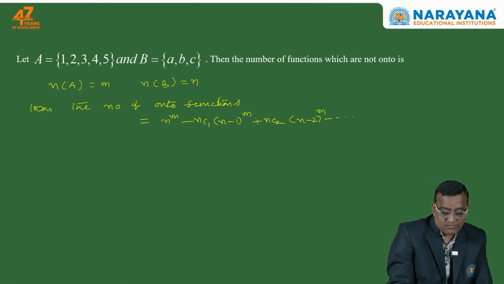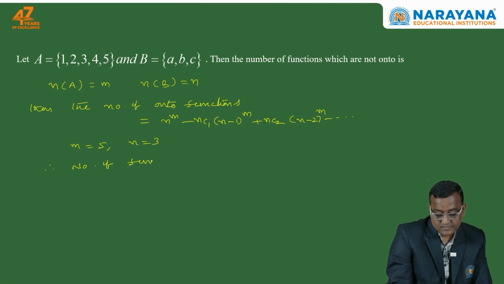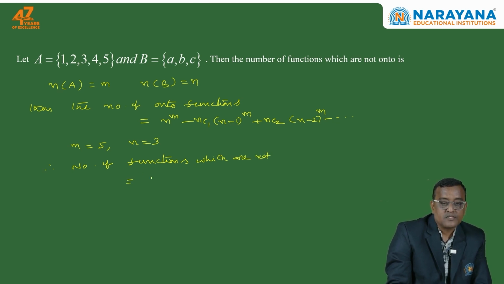So in this example, m is 5, n is 3. Therefore, the number of functions which are not onto is equal to the total number of functions minus the number of onto functions.